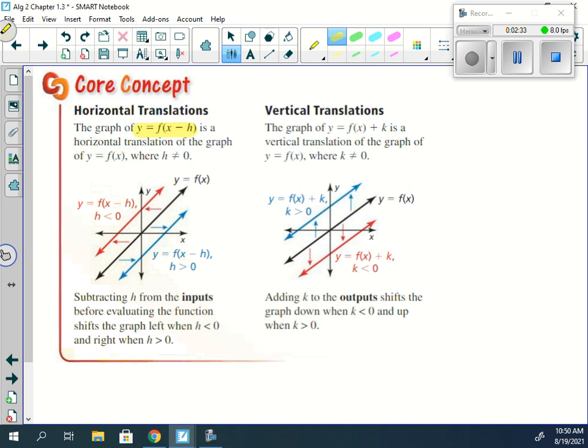Now, vertical translation, we'll be using this here, y equals f of x plus k. And if you remember from yesterday when we had the general examples, the plus k on the outside did move it up or down. The k or h value inside the parentheses moved it left and right. And that's similar to what we have here.